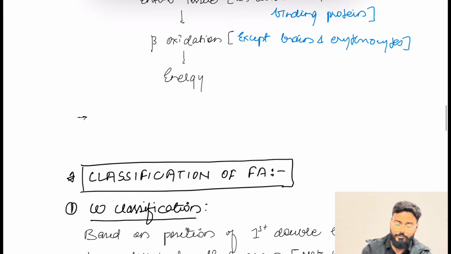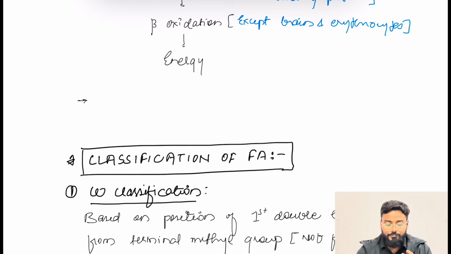Now, you can see in the process of lipolysis, we saw that fatty acid and glycerol are going to get released, but 65% of this fatty acid is going to be re-esterified into triacylglycerol again, and this triacylglycerol is going to get sent back to the adipocytes.